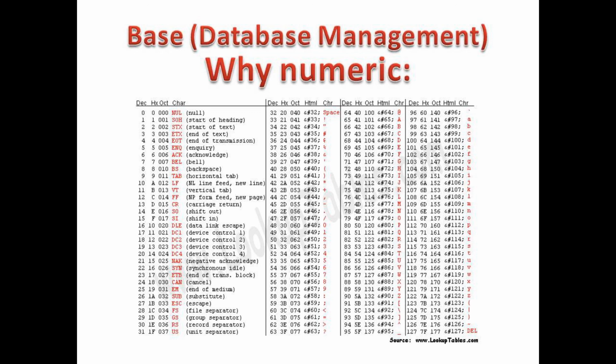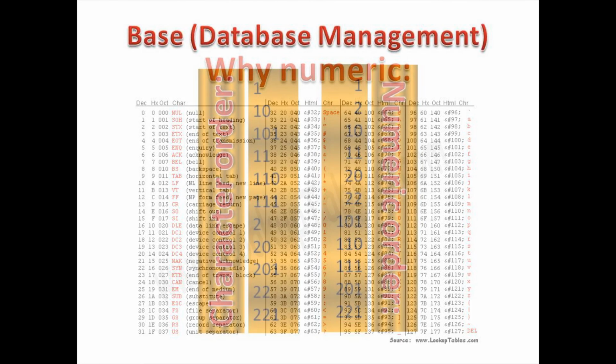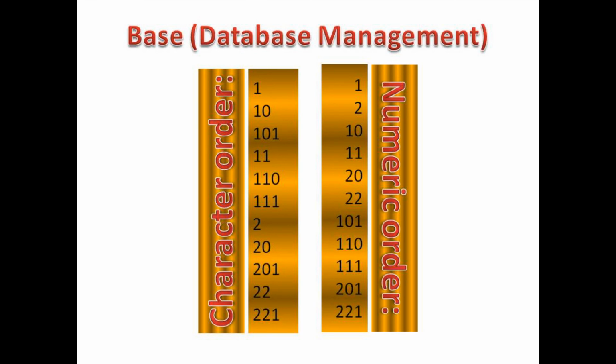Take notice that there is a number for each one, and if we put things in order as an ASCII character, we might not get the same result. This is a quick chart for you to look at that will show you the difference of what the order will give you as we choose between a character order and a numeric order. I will explain more of this in the next segment.